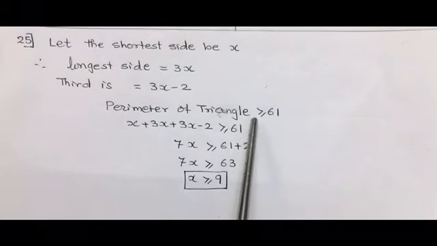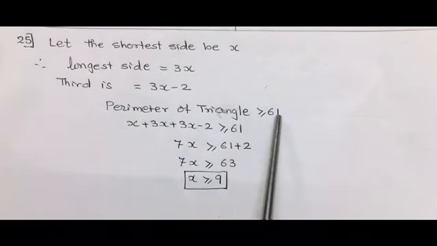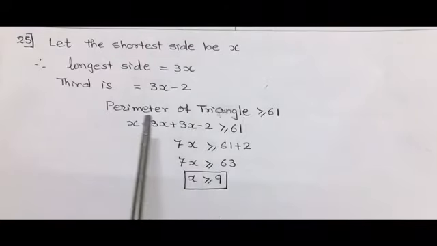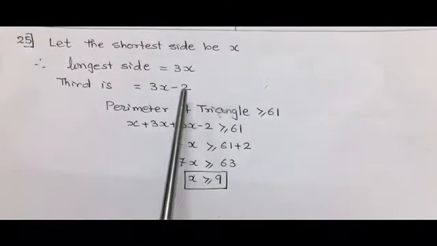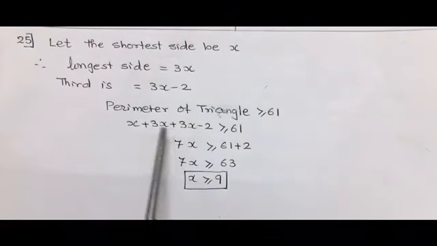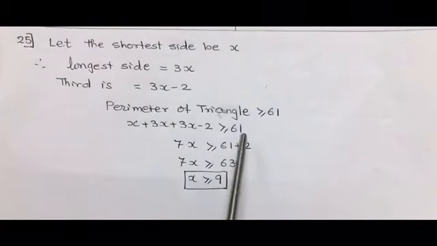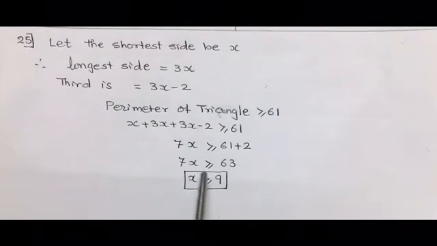At least 61 means it is greater than or equal to 61. Perimeter is calculated by adding all the 3 sides. So adding all the 3 sides, it is greater than or equal to 61. Solving it, we get x is greater than or equal to 9. So the minimum length of the shortest side is 9.